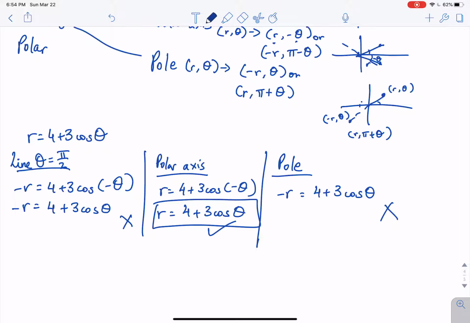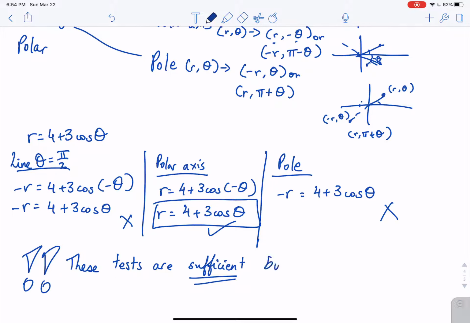Now, important note. These tests are sufficient but not necessary. What does that mean? That means that if you satisfy one of these tests, for example, this one, we know it is symmetric around the polar axis.